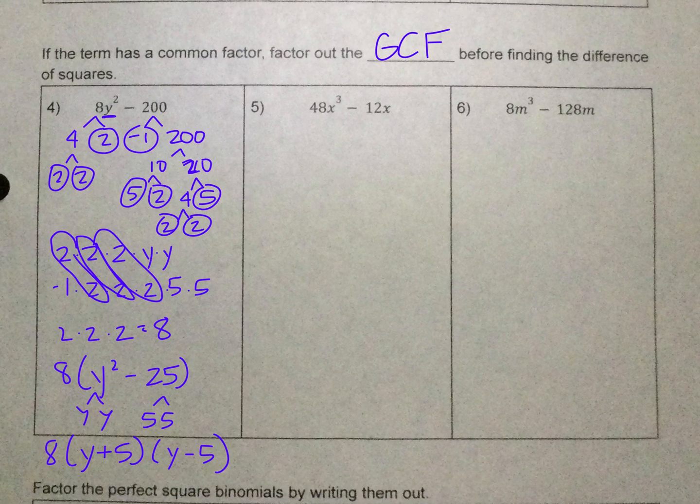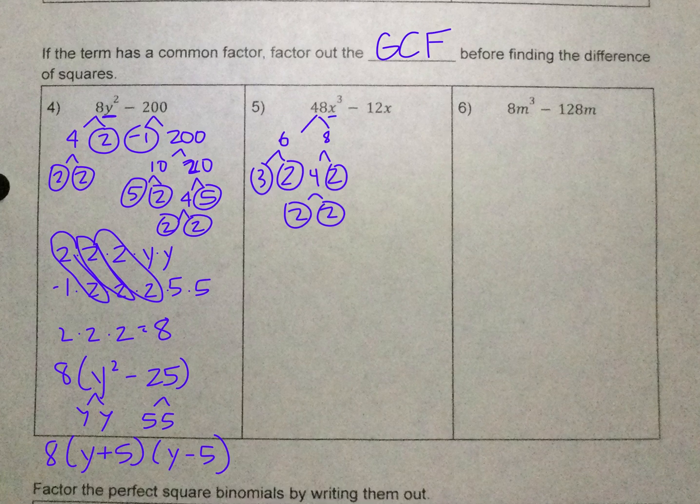All right, on number 5, we're going to break down the 48. Let's say 6 times 8, 3 and 2, 4 and 2, 2 and 2, and then I'm going to have 3 x's.